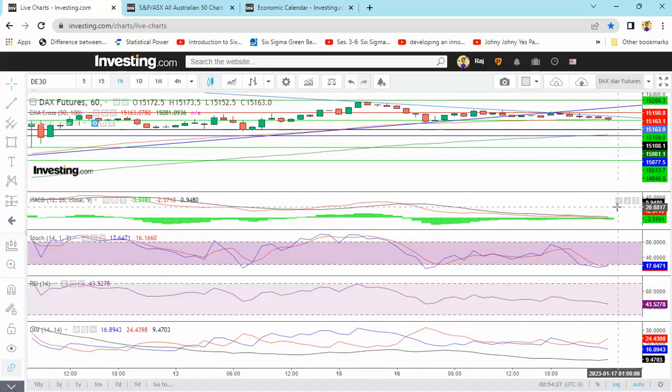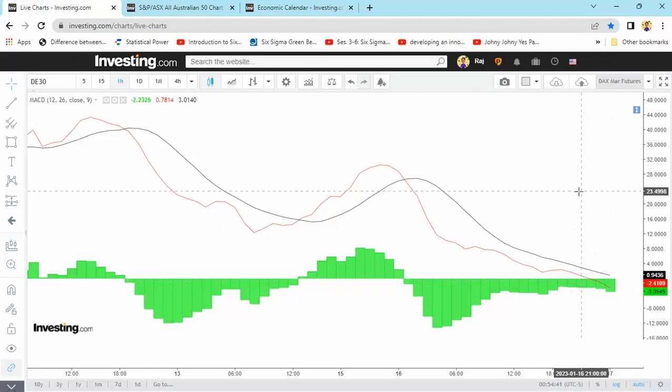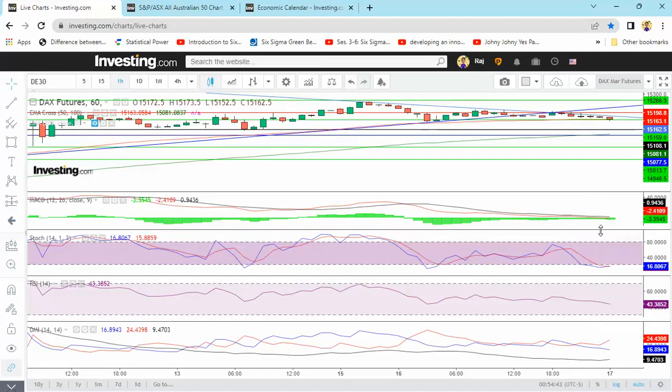On the 1-hour chart, this is in an undecided mode, I would say. Maybe as per the charts, a little bit of pullback is expected. On the daily, it can just come to some resistance and then go back to its original trend.